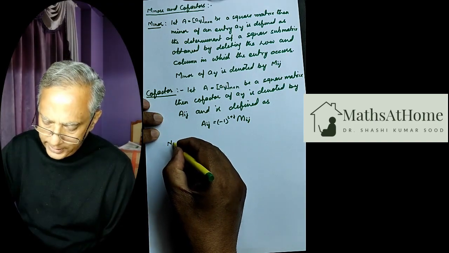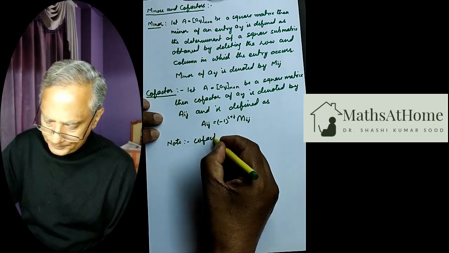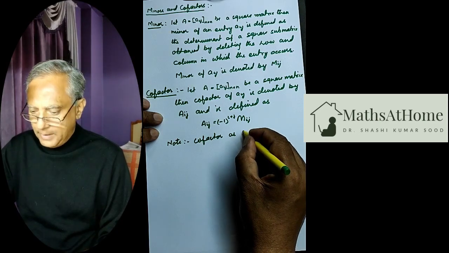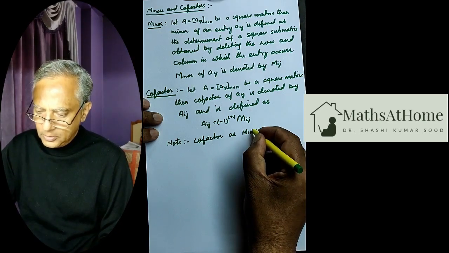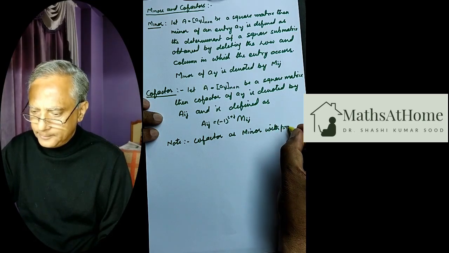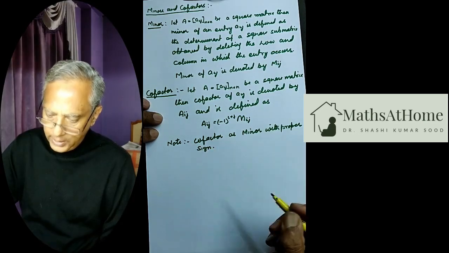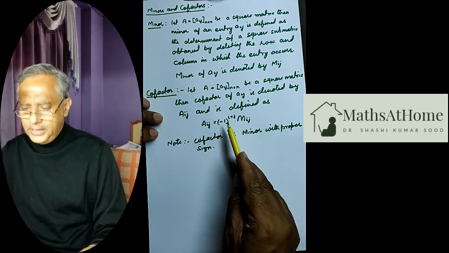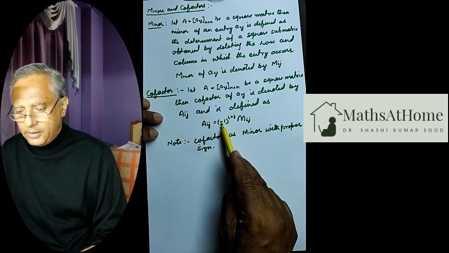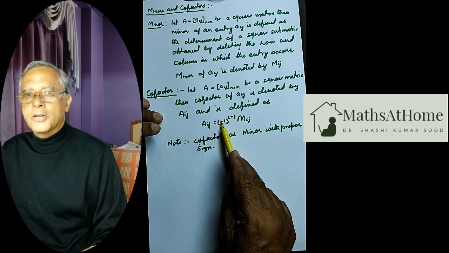That is, we can regard cofactor as minor with proper sign. If the sum i plus j is odd, it will be negative. If the sum is even, it will be positive.